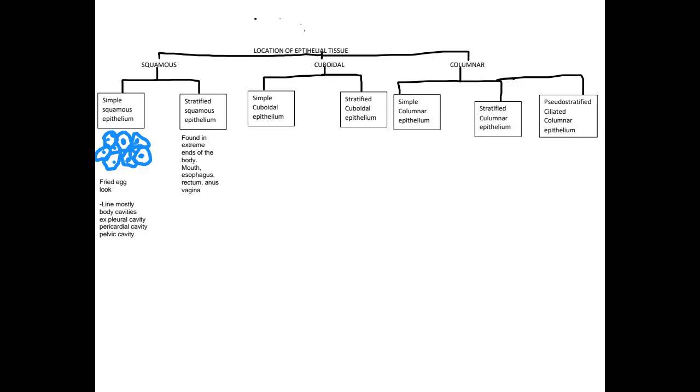your kidney tubules is where you'd find your simple cuboidal epithelium. Your kidney tubules are those tubules where water is absorbed in and out of the body.